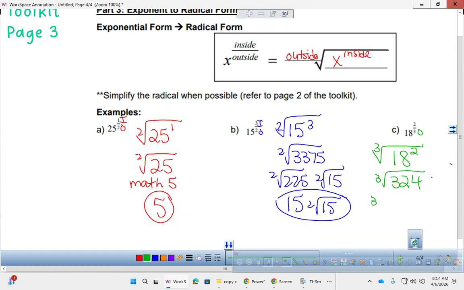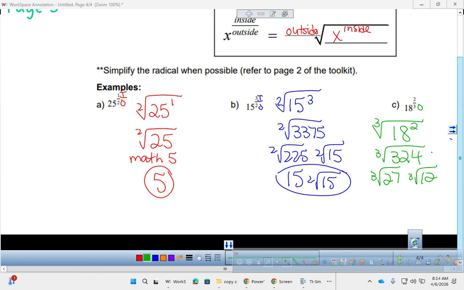All right, so we got the third root of 27 and the third root of 12. The third root of 27 is 3. The third root of 12 is not 4, okay? That only happens if this was like x to the 12th. We could call it x to the 4th. You're not dividing inside by outside for regular numbers. I'm just going to keep this as the third root of 12.